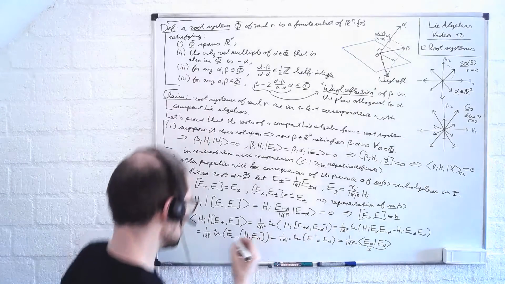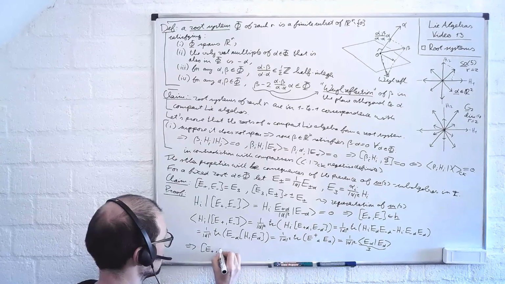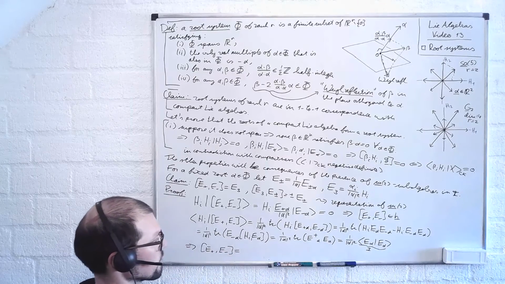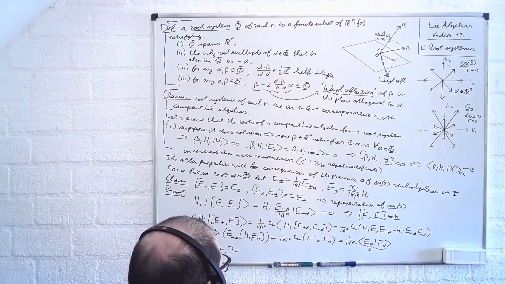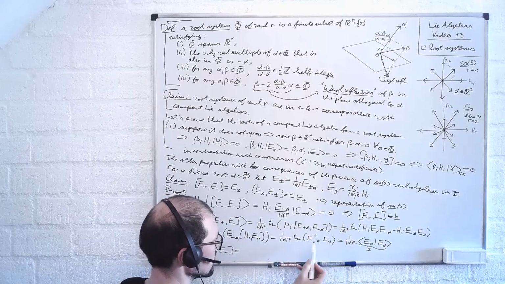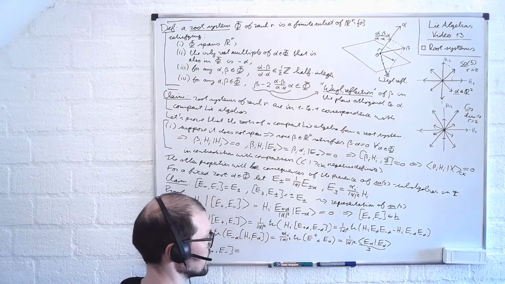Right, so this implies that E plus E minus is, oh wait, this is of course not E alpha, it is alpha i times E alpha.